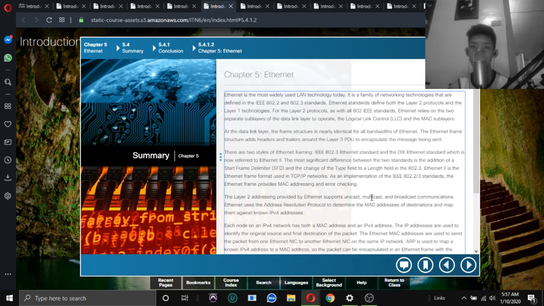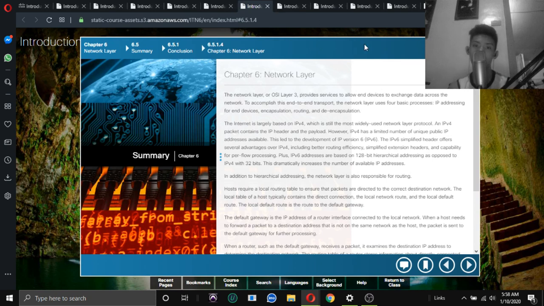Ethernet II is the Ethernet frame format used in TCP/IP networks, as an implementation of the 802.2 and 802.3 standards. The Ethernet frame provides MAC addressing and error checking. So this is very important.